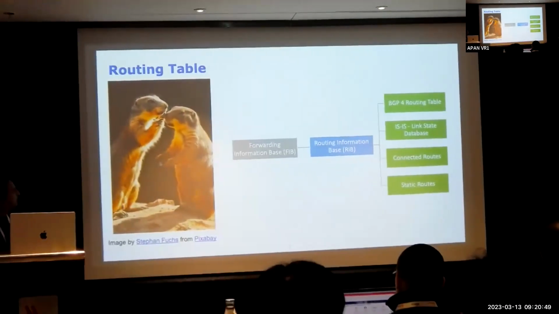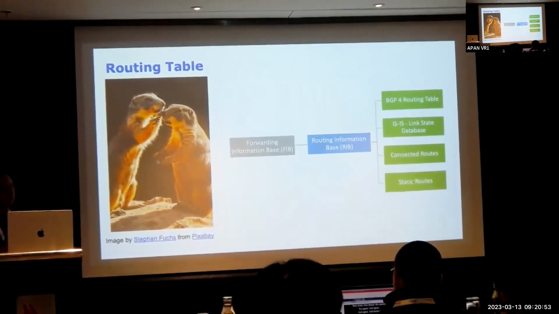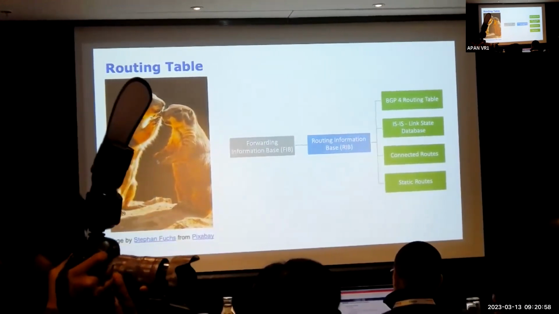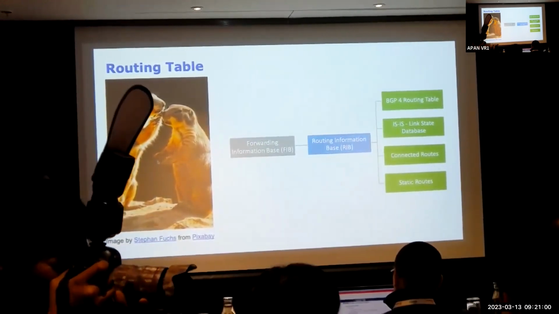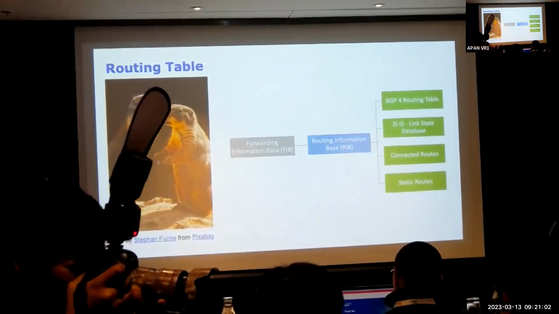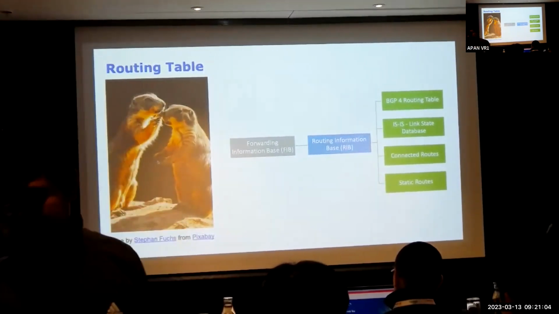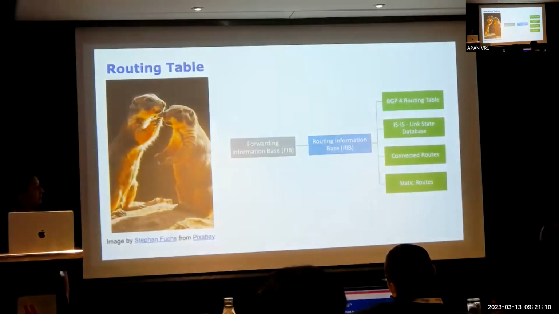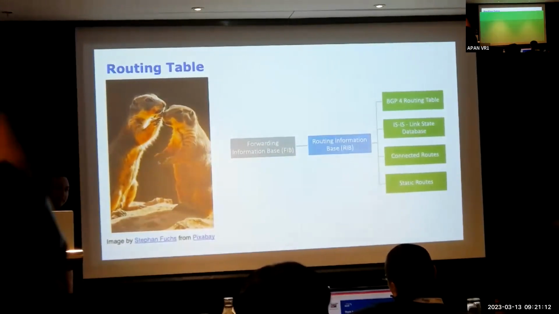There are two kinds of information bases in routers: a forwarding information base and a routing information base. The routing information base is filled up by the routes received from the BGP routing table, the ISIS link state database, connected routes that are directly connected to the same router, and other static routes as well.